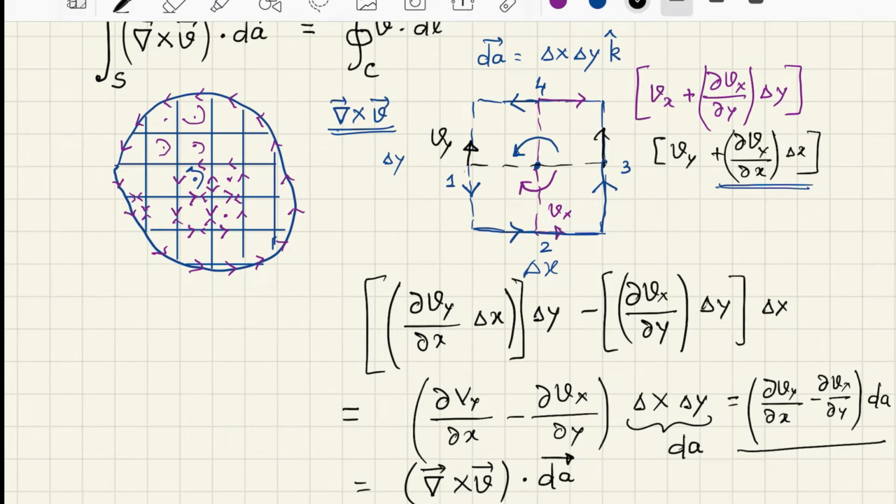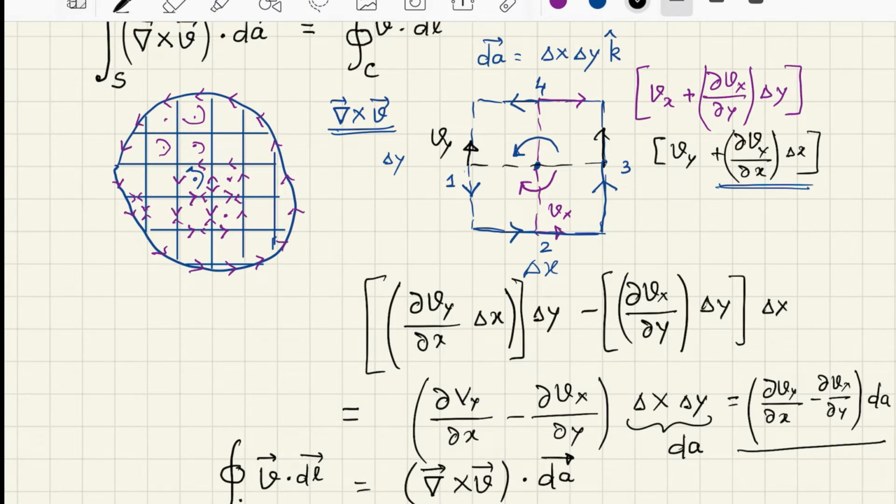I can always write this as the k component with the dot product with dA. But what we have done is obtained it by taking a circulation, which means for the small ith loop, what I have actually calculated is V dot dl over that small ith curve.